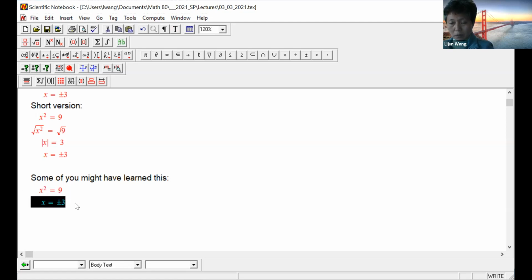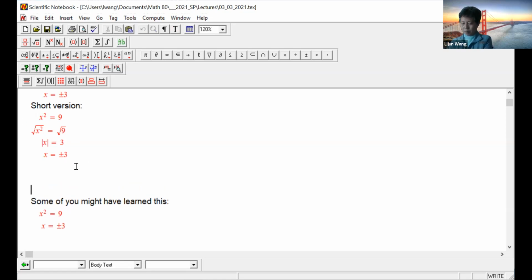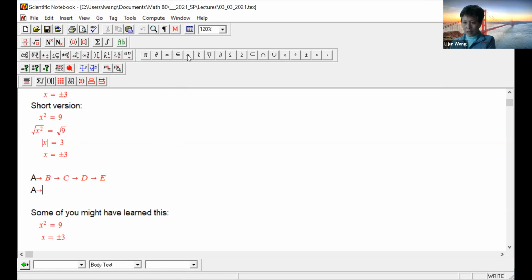These two steps, logically, it's more like, I'm doing, if A leads me to B, and B leads me to C, and C leads me to D, and D leads me to E, I can say A to E. Do you follow me?